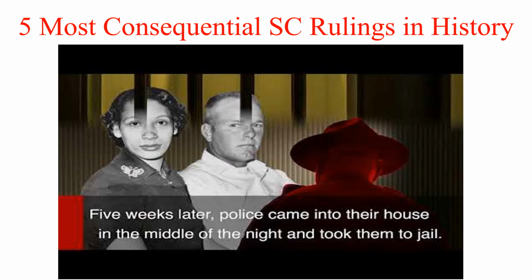A third highly consequential court ruling is the Loving versus Virginia case, and in this case, a white gentleman married a mixed-race lady, an African American and Native American mixed-race lady, in Washington D.C. But they resided in Virginia.